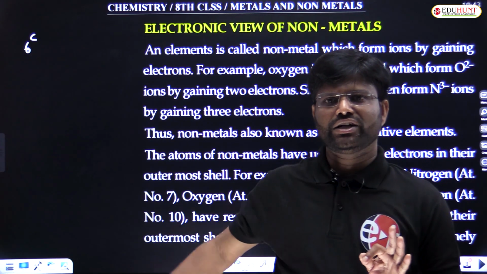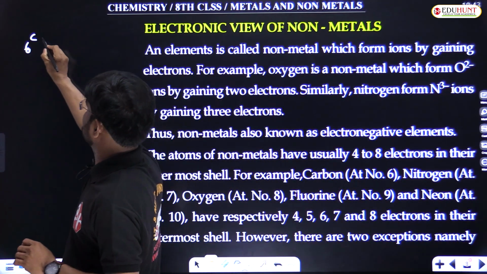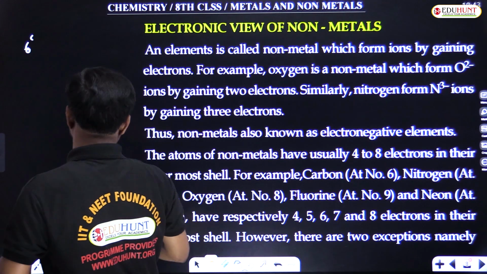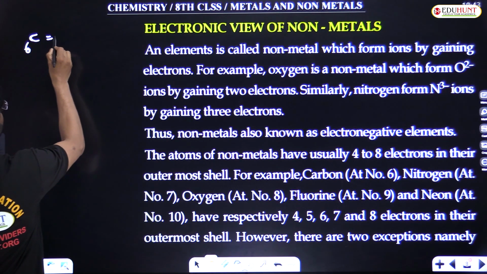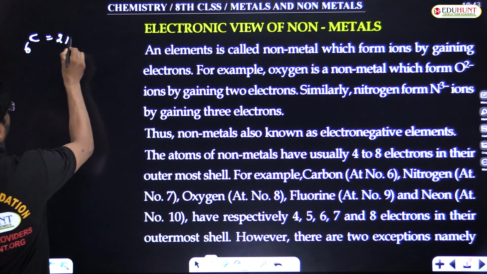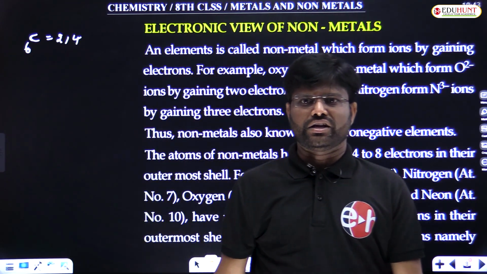Second shell, according to the atomic number 6, the configuration is 2, 4. So in the outermost shell 4 electrons are present.